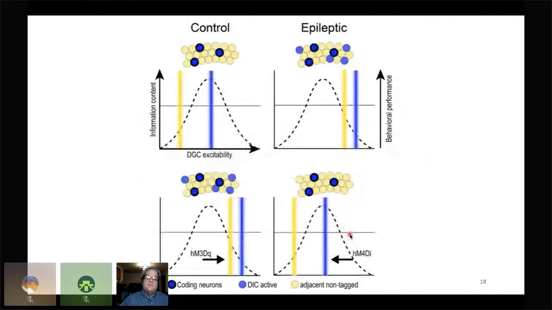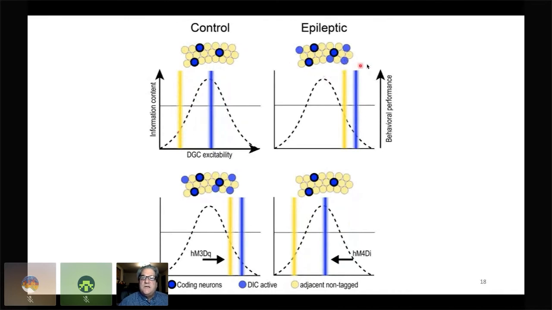So what do we think is going on? Well, under control conditions, this sparse population that activates is very important in terms of having high information content, and is also very important in behavioral performance. And so these excitable cells generate the behavior, where the background granule cells are low in excitability, they don't activate, and they have little or no information content and don't affect behavioral performance.